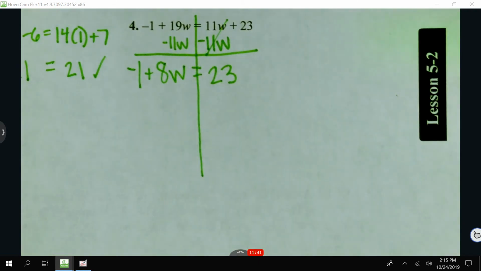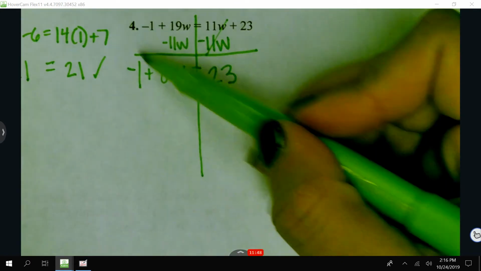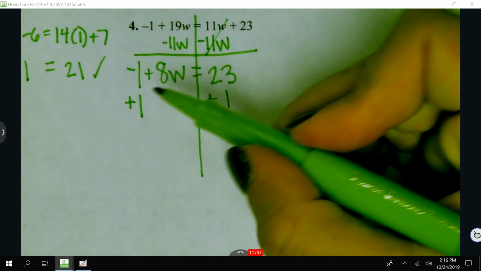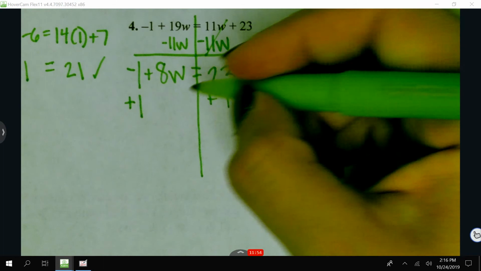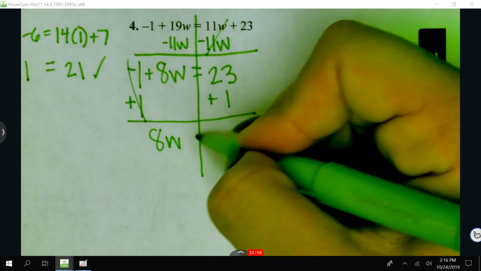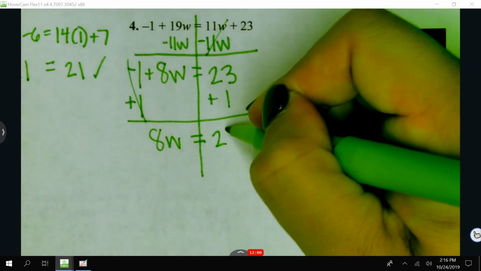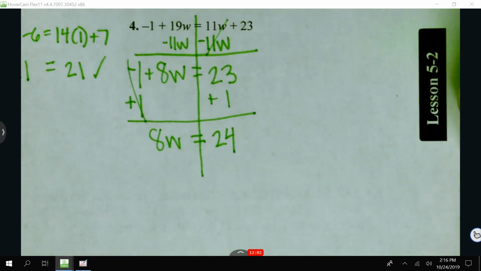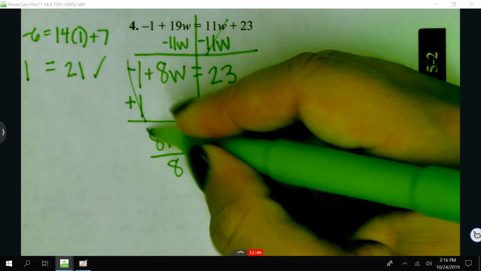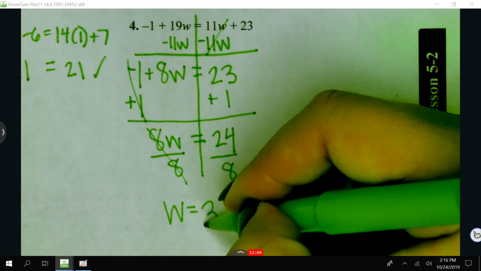So my variables are on one side, which is what I want. But what else do I want? To take away that negative 1. I want all those constants on the other side. So I'm going to add 1 because it's the negative 1. So we're going to do the opposite. That leaves me with 8W equals 24. Then divide both sides by 8. Good.